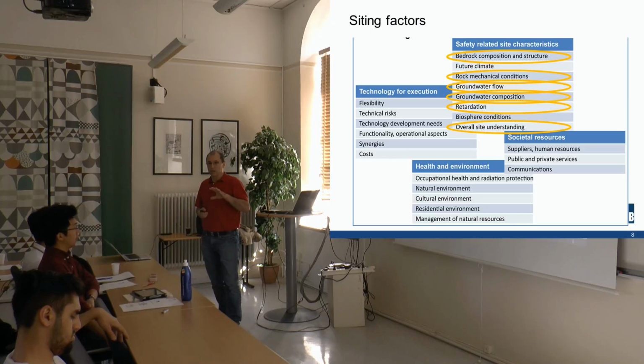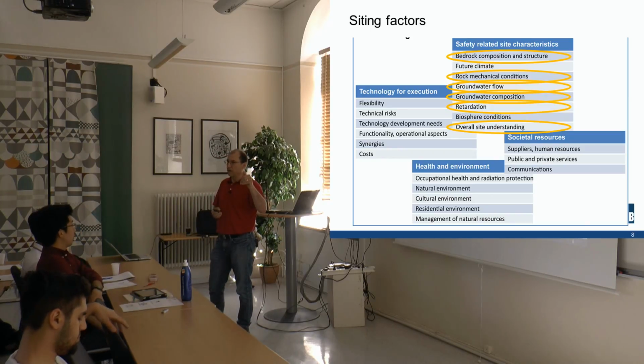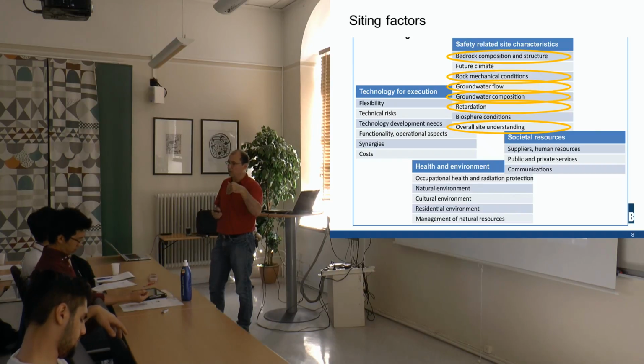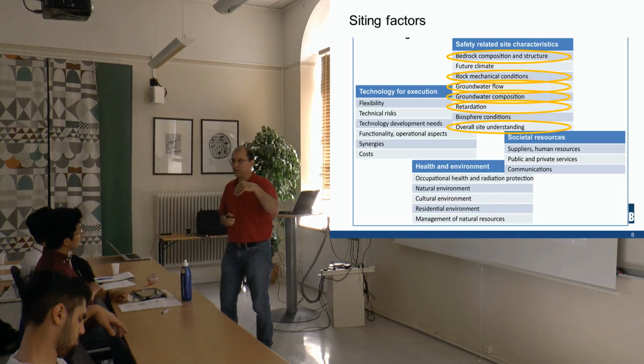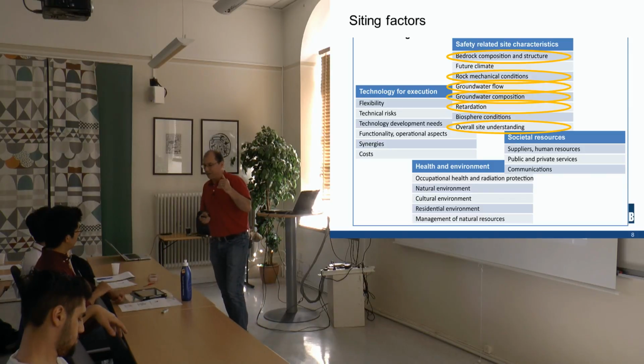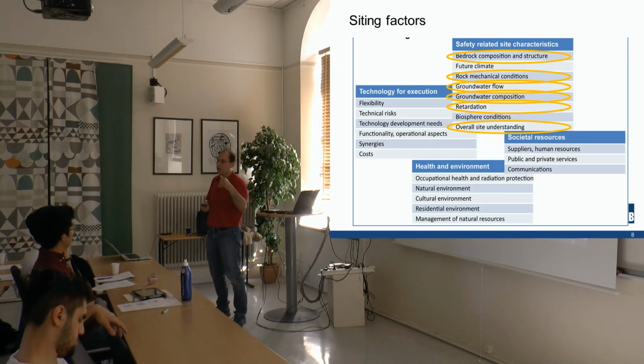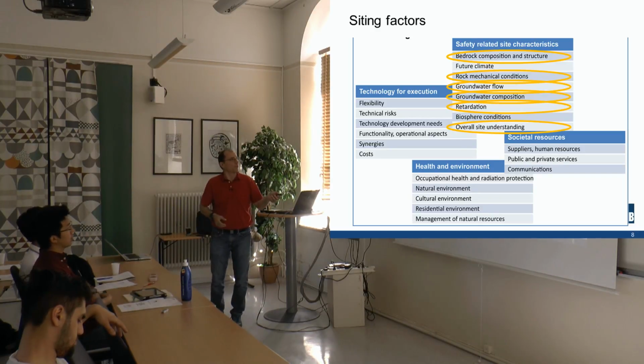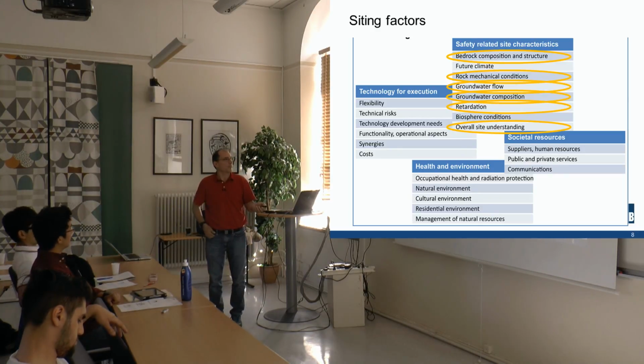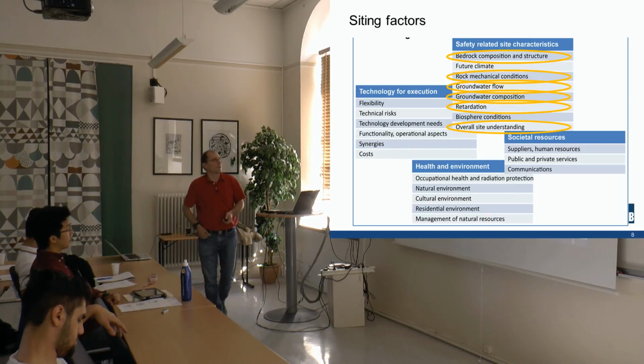So the fractures they are going through, some minerals can retard or even, what is it called? What do you say in Swedish? They can stick to fractures. So this is the retardation, which is important. And of course the overall understanding.